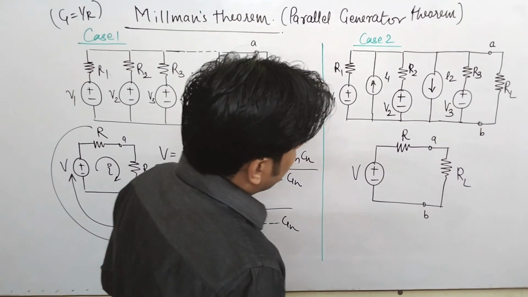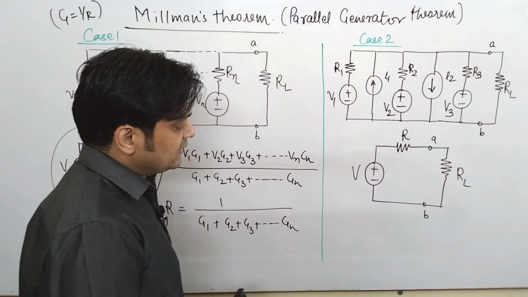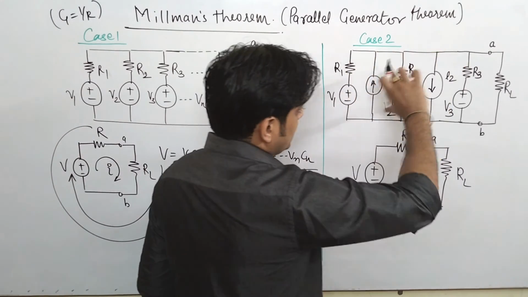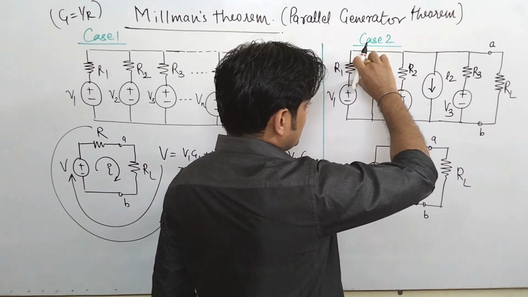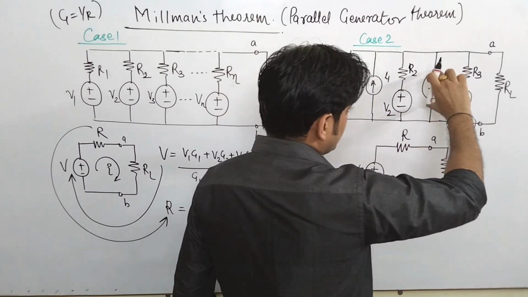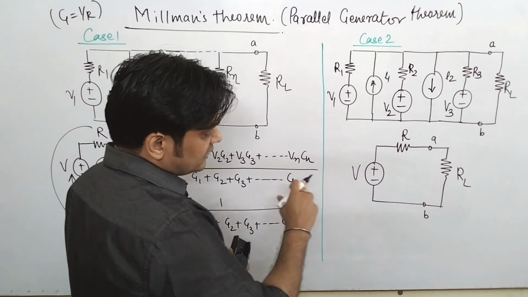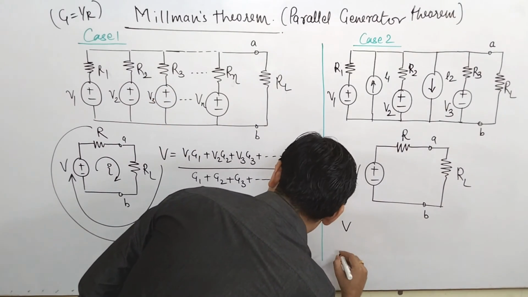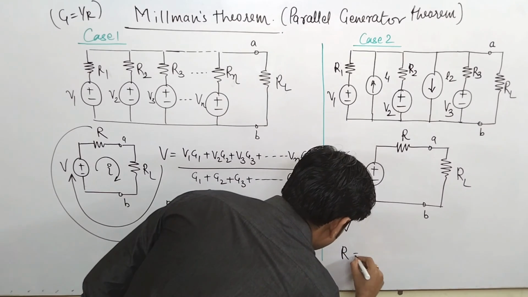Now in case 2, again there are voltage sources in series with resistances, and now you will find some current sources present. Under this condition, what is the value of V and what is the value of R? This you have to find.